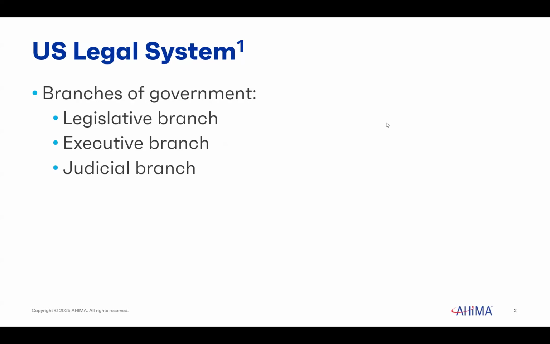And this includes the legislative branch, which creates the laws, if you will, the executive branch that carries them out and executes them, if you will, and then the judicial branch, which is basically the branch that determines whether a law is constitutional or not, and precedents and all these other things.